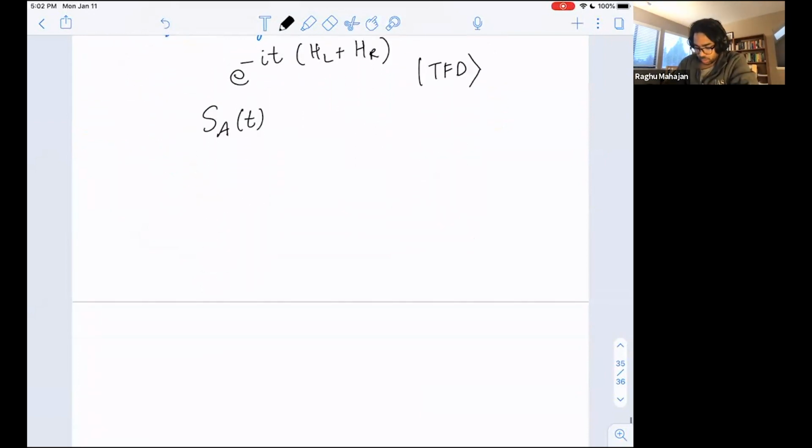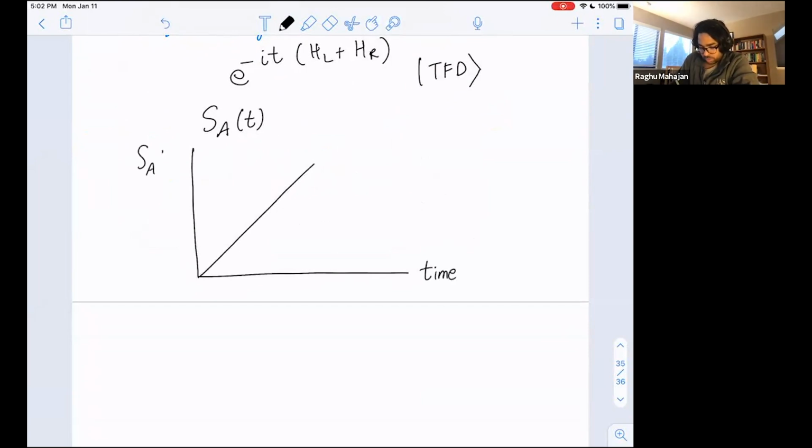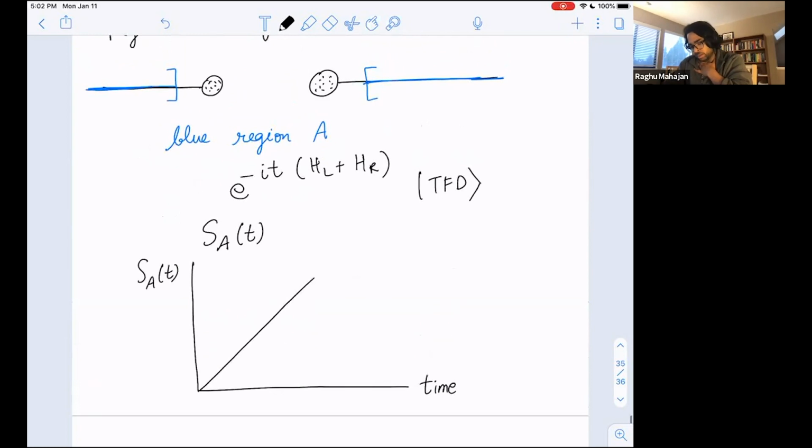And last time, we said that this curve should have an initial piece which is linearly growing in time. That captures the initial Hawking radiation. Or in terms of condensed matter or just quantum mechanical language, this captures the fact that the thermofield double state is a quenched high energy state from the point of view of the Hamiltonian H left plus H right.